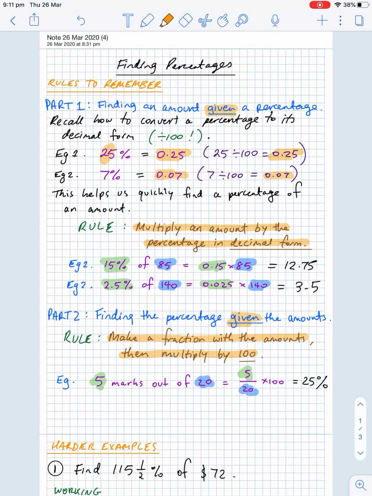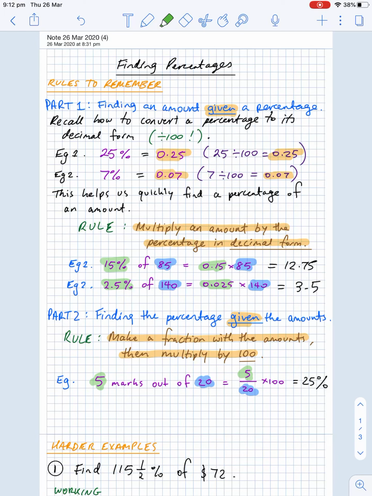So for example, 25% as a decimal: if I do 25 divided by 100, in my calculator it gives me 0.25, and that is the decimal version. So it's as simple as just dividing by 100. Another example is 7%. If I do 7 divided by 100, it gives me the decimal version, 0.07. As simple as just dividing by 100.